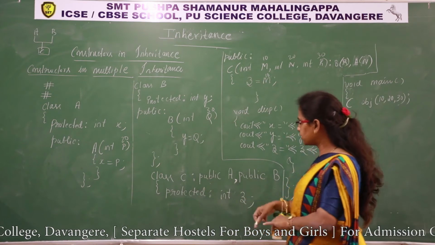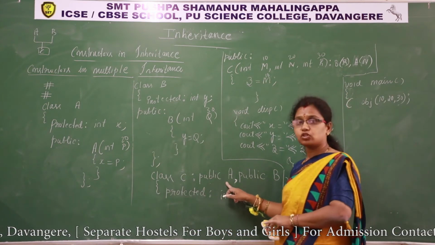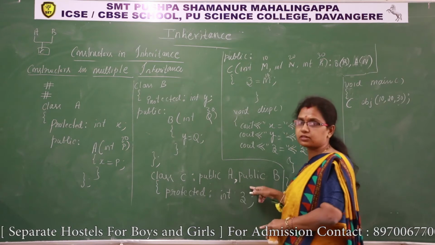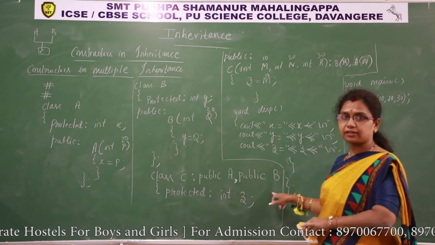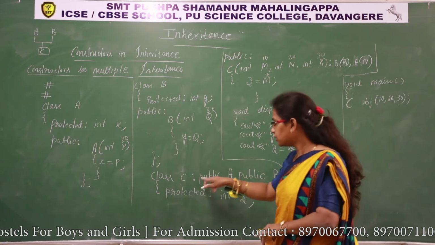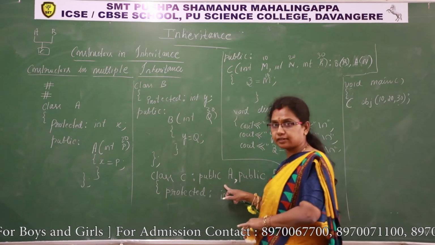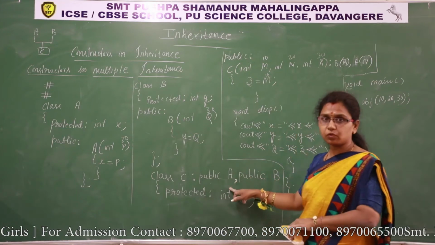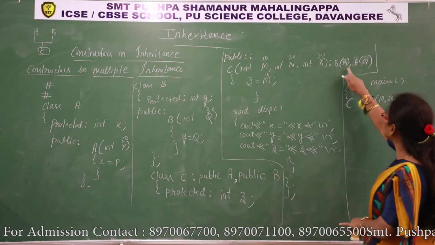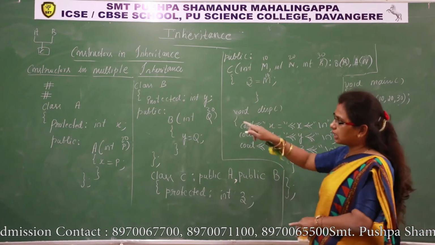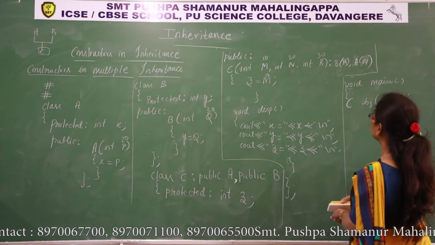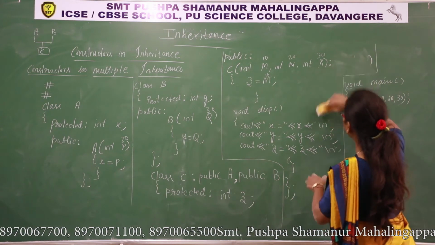What we have to consider here is the order in which you have inherited, whether A first or B first. In the derived class header, whichever you have taken first, it goes to that. Though you have written B here, it goes to A first. It initializes class A. So in order to avoid confusion, let us write the same order here.